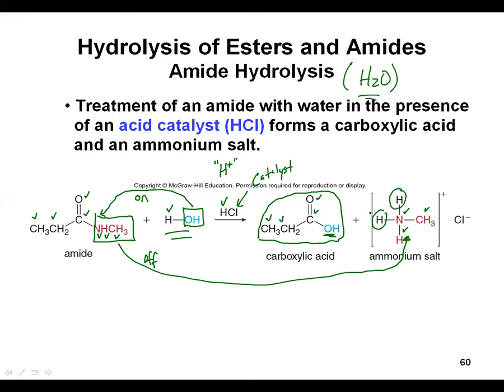Again, one is sort of supplied by the acid that's in the solution as well. So when we do an acid hydrolysis of an amide, we will end up with a carboxylic acid and an ammonium salt. And the main thing that we'll get here again is the carboxylic acid.